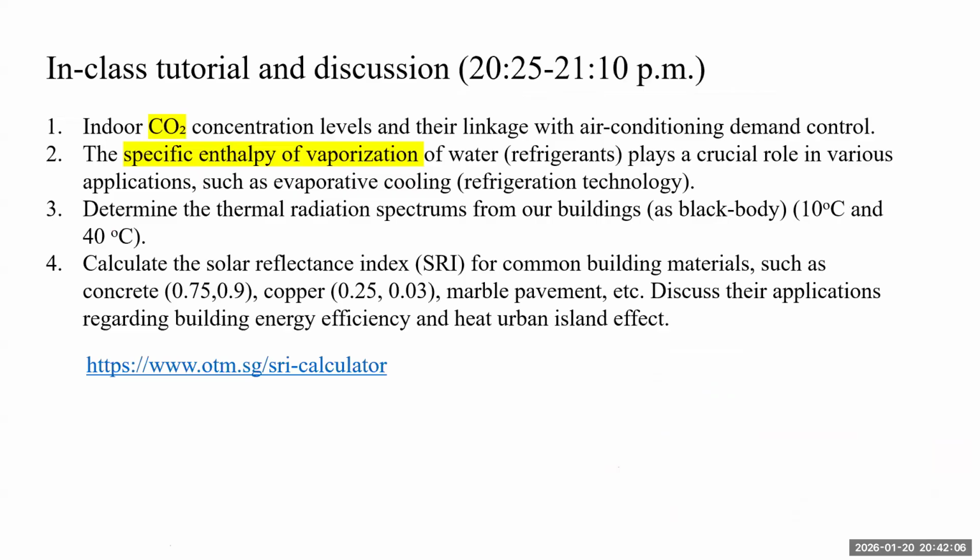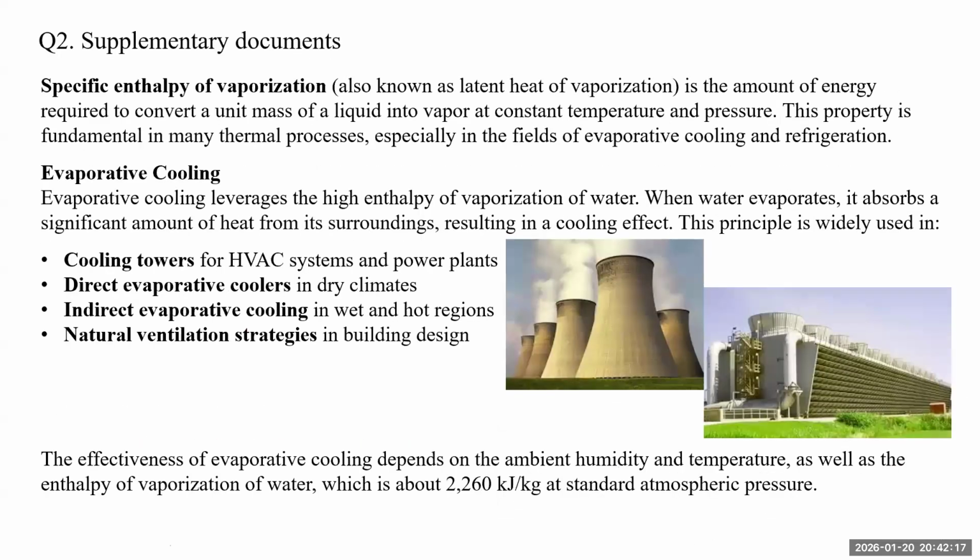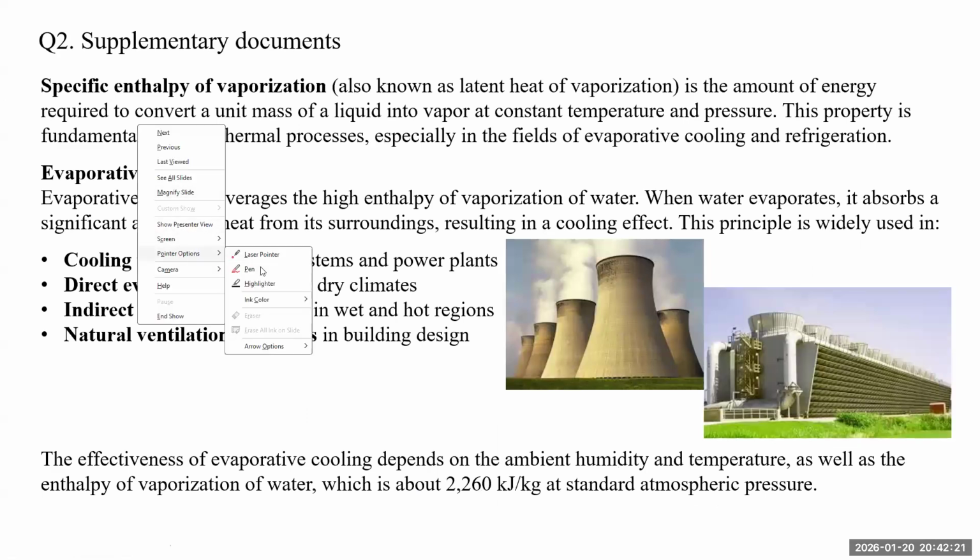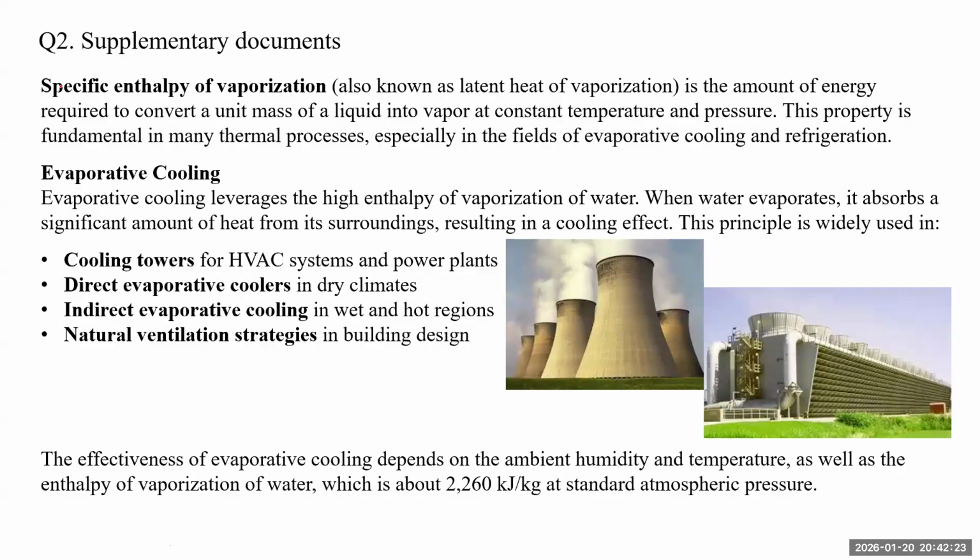The first is to understand the specific enthalpy of vaporization and its applications. Some of you may not be familiar with it, so now let's know what the specific enthalpy of vaporization is. It is also called latent heat of vaporization.